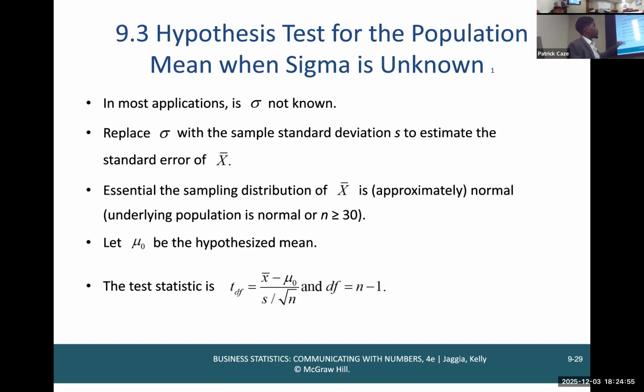So we replace the sigma with the standard deviation from the sample, to estimate the standard error of the sample mean. Normally the underlying population is normal or n is greater than 30.